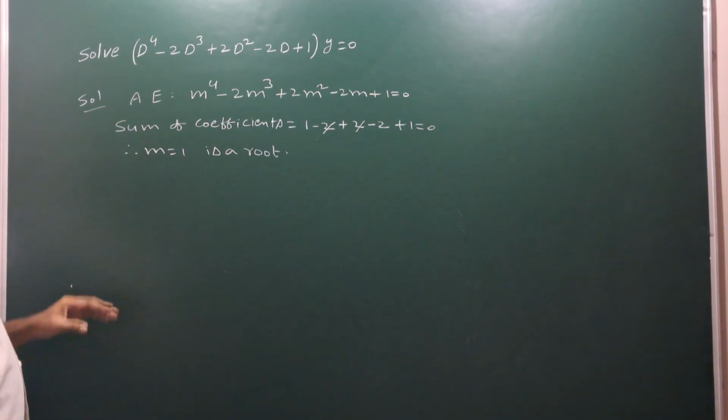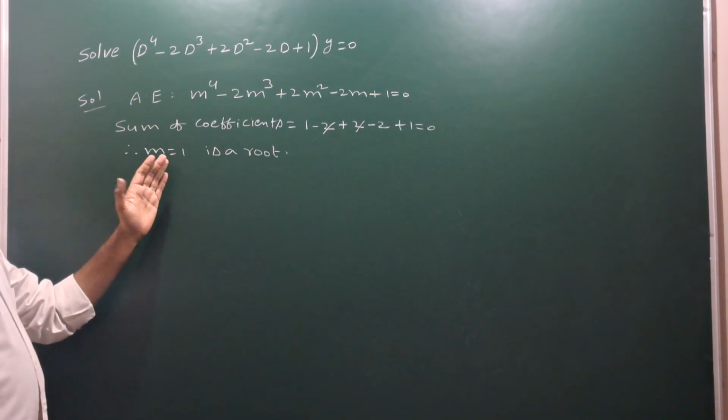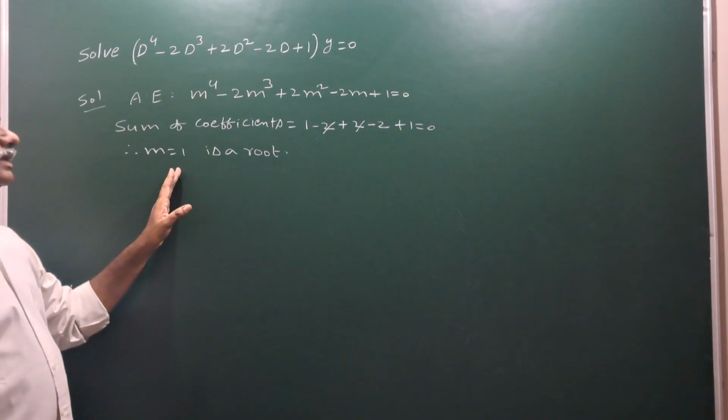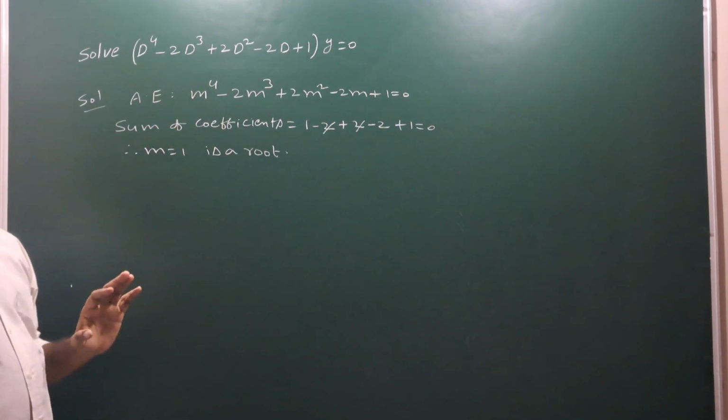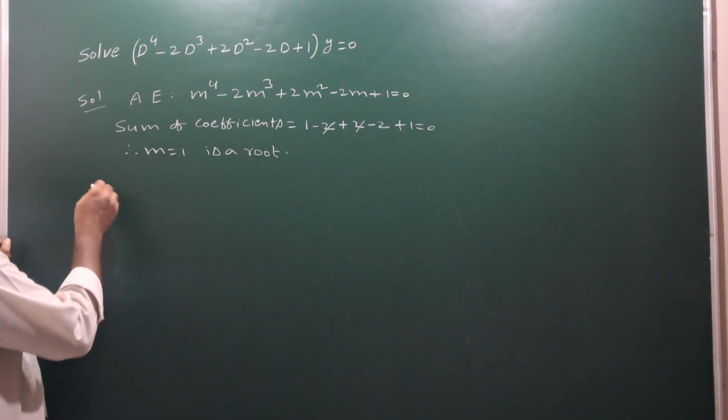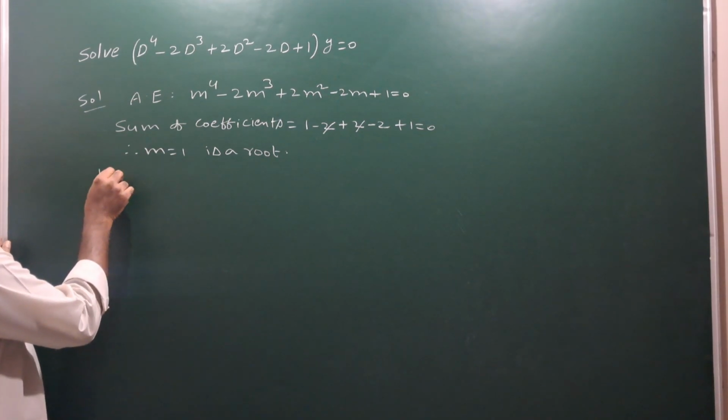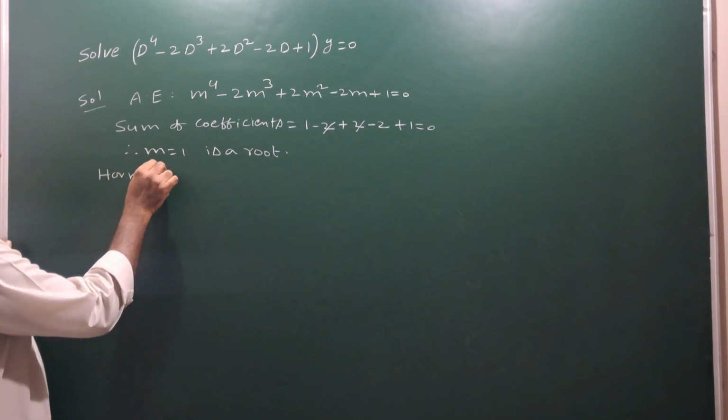So using this root, we have to apply the Horner synthetic division method for this equation. We can find the other roots also. So let us see Horner's synthetic division method.